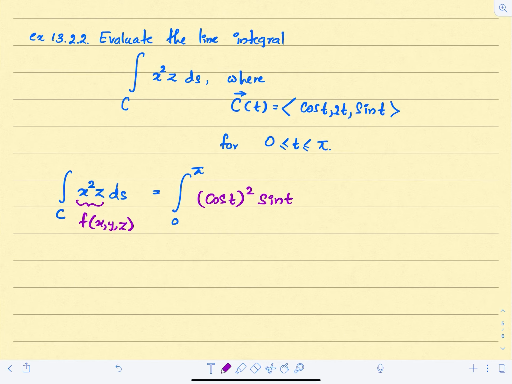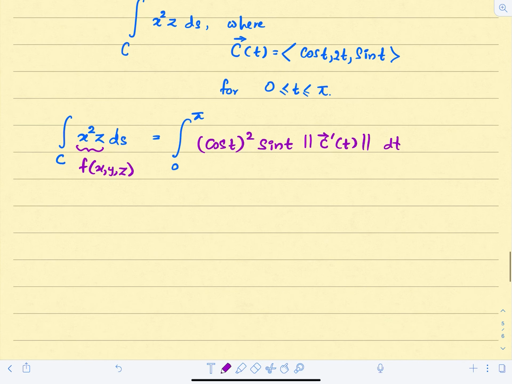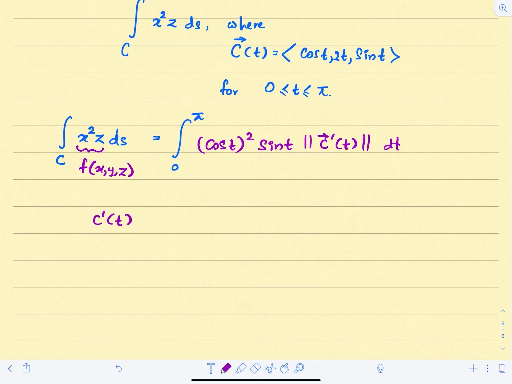Now this is the function value on the curve C, and then we should calculate the magnitude of r prime of t. Now let's calculate r prime of t. r prime of t equals the derivative of cosine t, which is negative sine t, derivative of 2t is 2, derivative of sine t is cosine t.